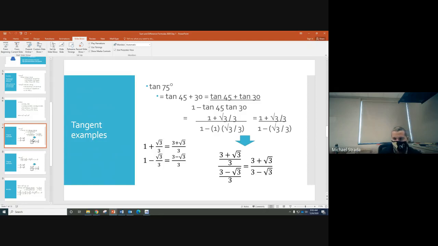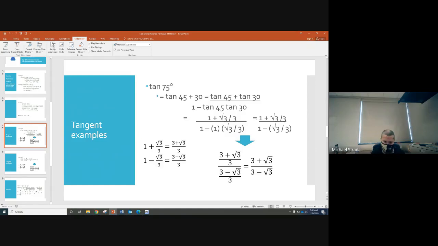All right. Now, the tangent of 45 is 1. The tangent of 30 is root 3 over 3, over 1 minus 1 times root 3 over 3. Anytime I multiply by 1, I get that.